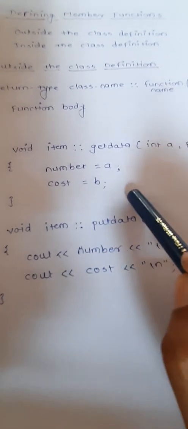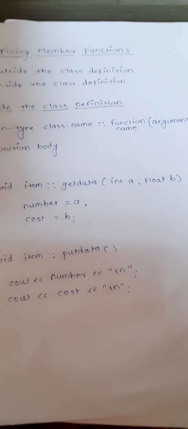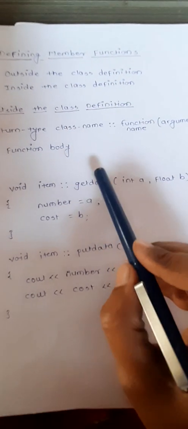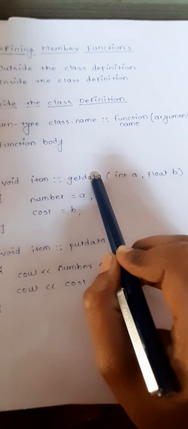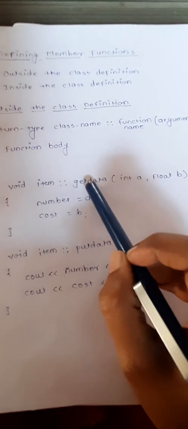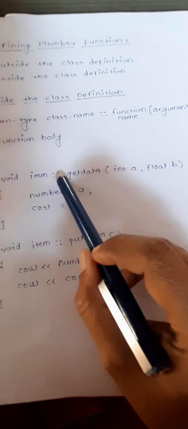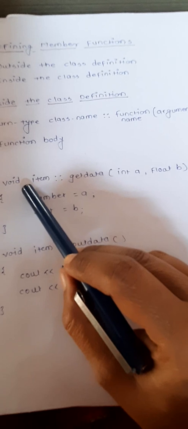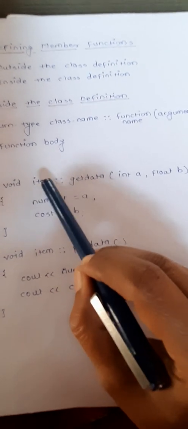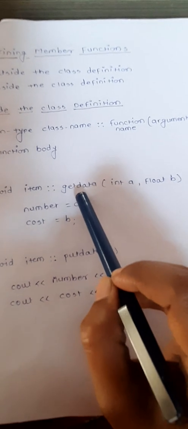So this is the way in which we can give the definitions of member functions outside the class. Please notice that when we use the outside class definition method, before writing the function name and argument list, we need to write the return type, then the class name, then the scope resolution operator, and then the function name.